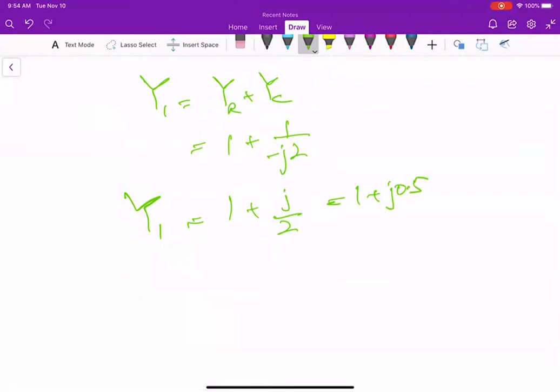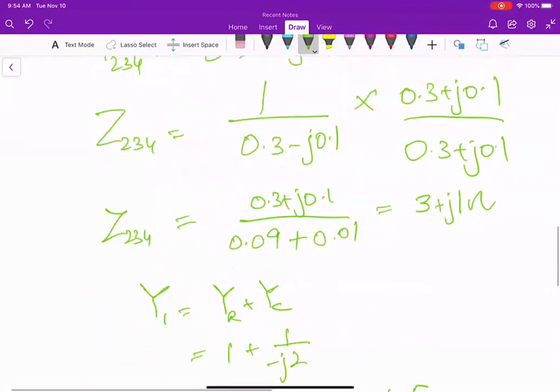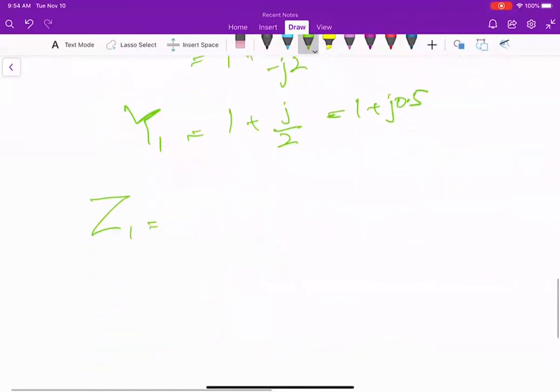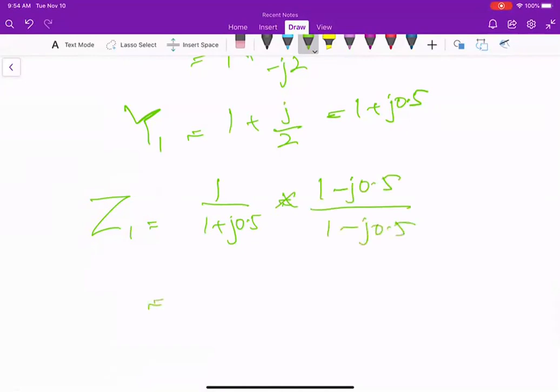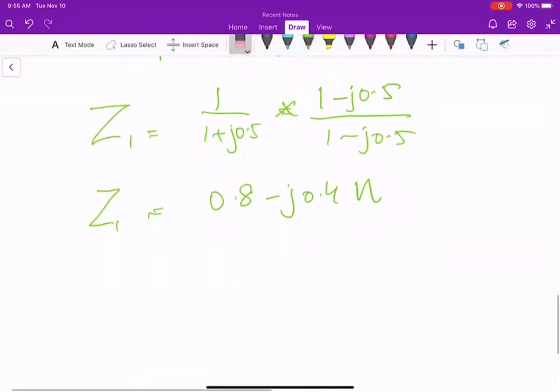Okay. Now we will find Z1. Why do we have to find Z1? Because it is in series with Z234. So it will be equal to 1 over 1 plus j0.5, and it should give us 0.8 minus j0.4 ohms, Z1. Okay, so now we are in this form.